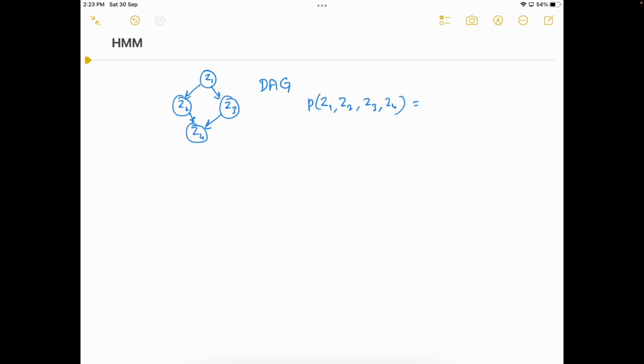Now draw the graph. This is conditionally independent, right? P of Z4 given Z2, Z3 is independent of Z1. P of Z2 given Z1 is independent of Z3.